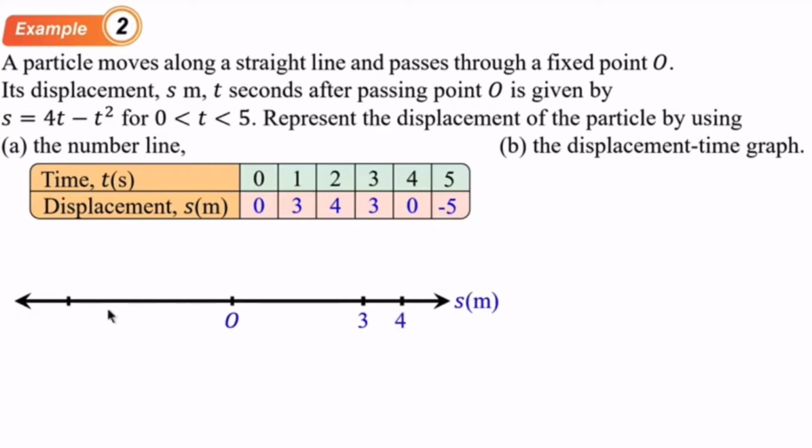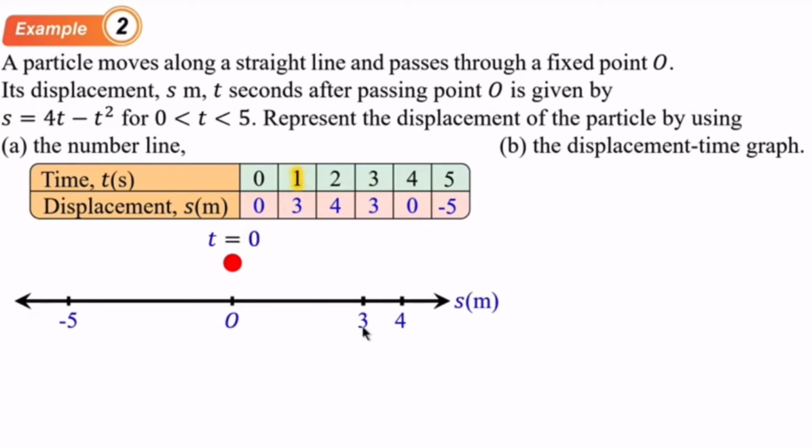At t equal to 5, the particle is at the left. So let's label according to the left and according to the right. At 2 seconds it is at the 4 meter. At t equal to 0, the particle is at the origin.